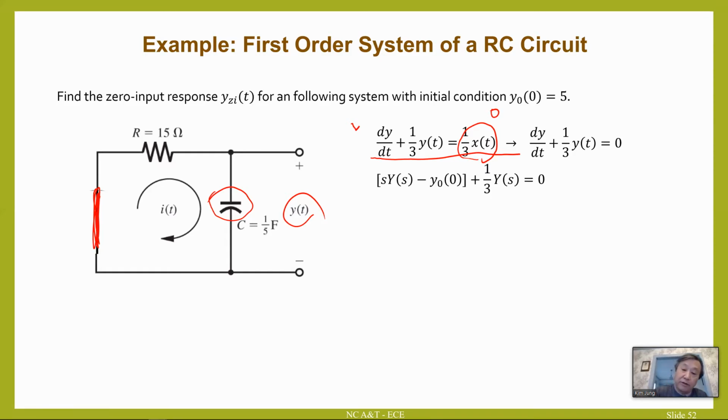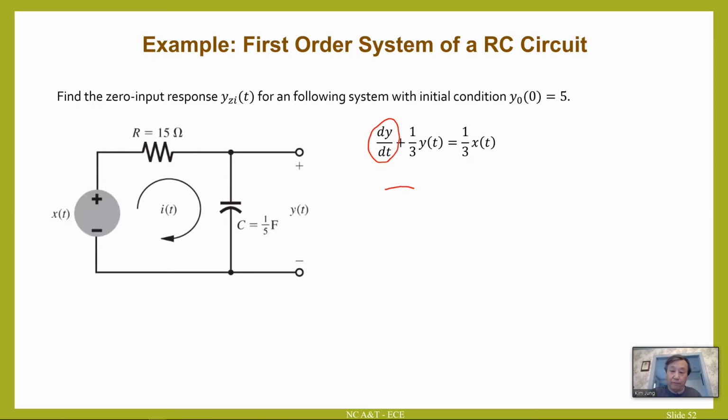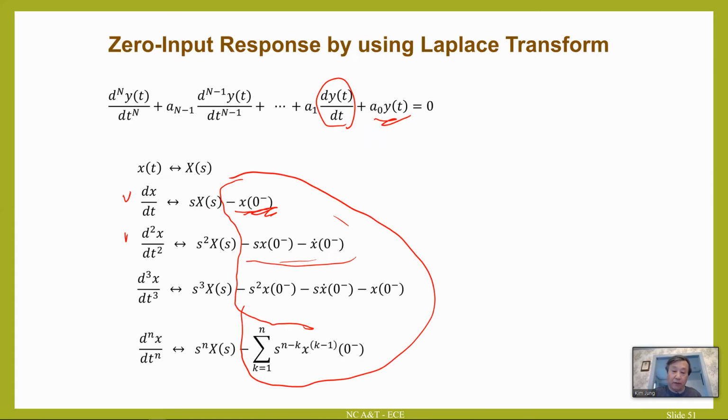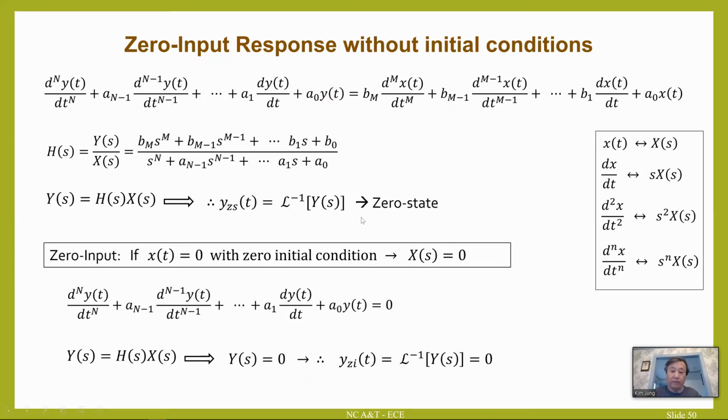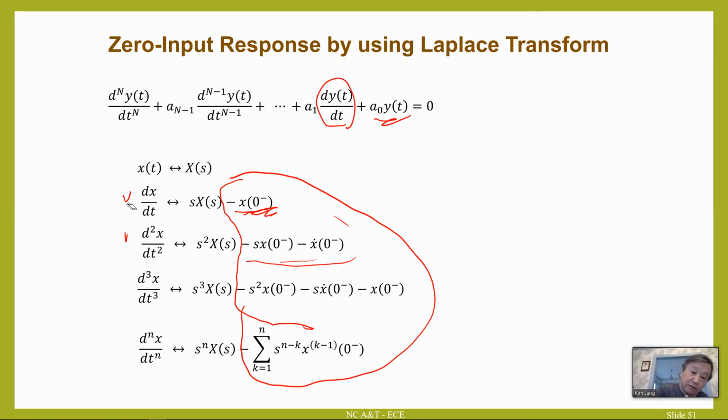Let me erase this to avoid confusion. So dy dt is s times y of s minus the initial condition, y0.